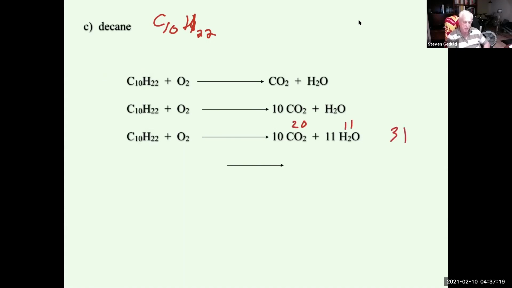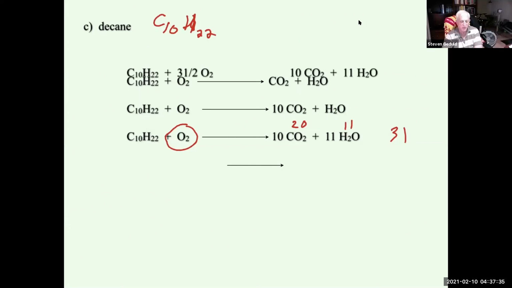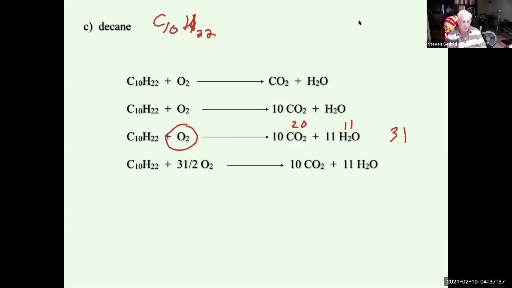What do I put in front of this O2 to make that say 31? 31/2, perfect. Now we're balanced, but now I have a fraction here. I cannot have fractions, so I multiply everything by 2 to get rid of it.